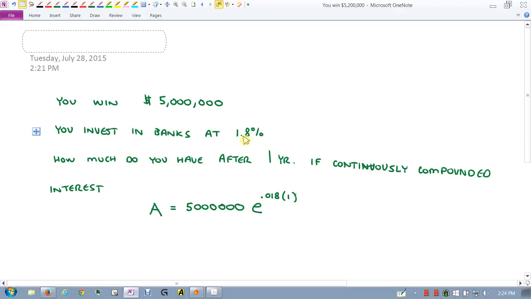So always be careful with that interest rate to move it over 2 places. 0.018. Yes, that's what you'll use for e to that power. So go ahead and do that.